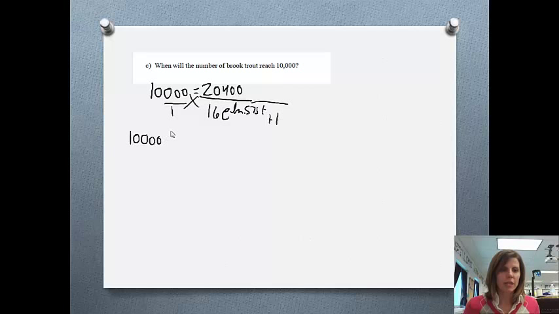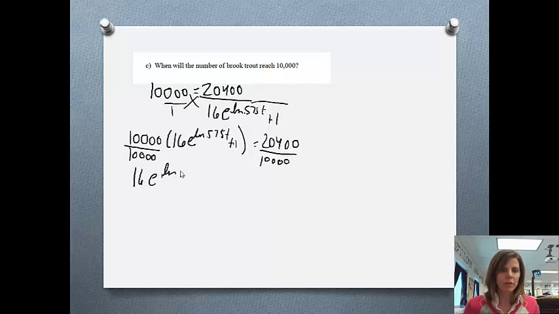We get 10,000 times the quantity 16e to the ln 0.575 t plus 1 equals 20,400. I will divide both sides by 10,000, and I'll get 16e to the ln 0.575 t plus 1 is equal to 2.04.